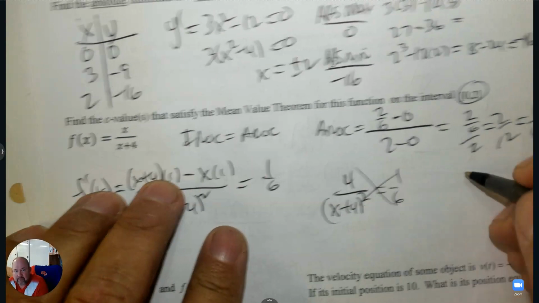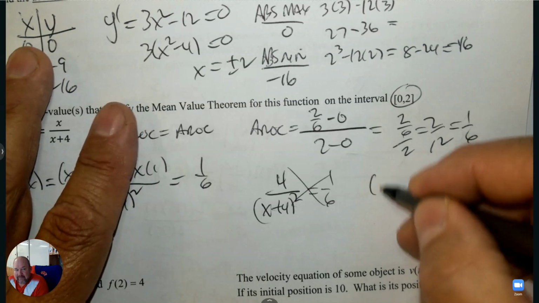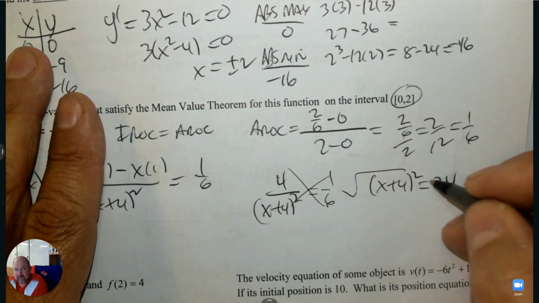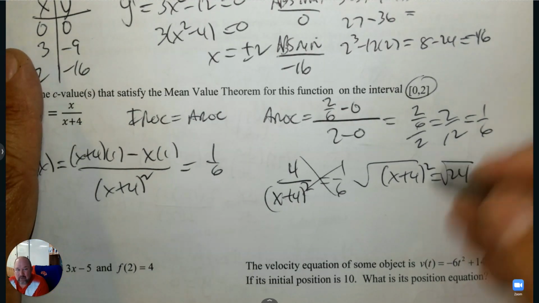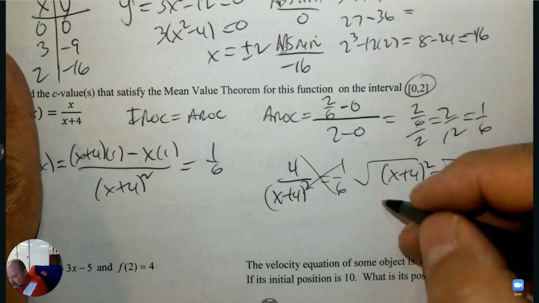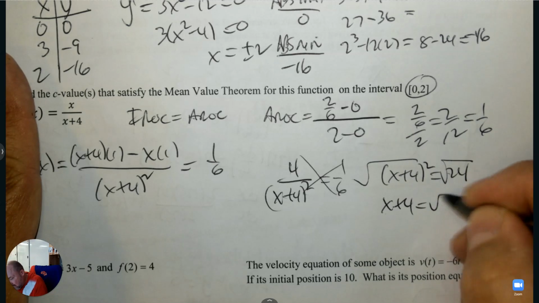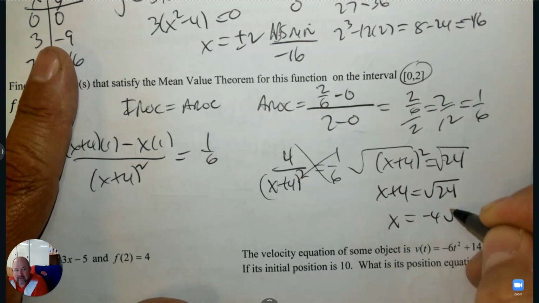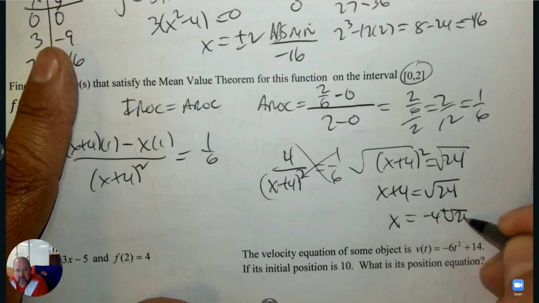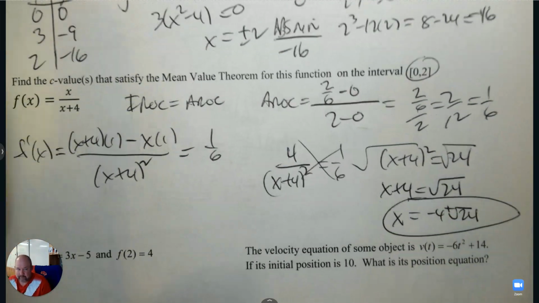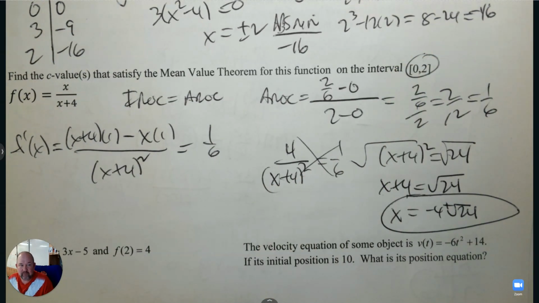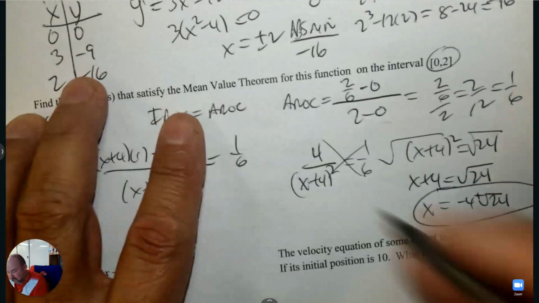I'm going to cross multiply, so x plus 4 squared is equal to 24. I'm going to square root this. It's positive and negative, but I don't want the negative because I want it between 0 and 2. So it's just the positive value of root 24. I don't need to simplify it. Then subtract 4, and you have your answer. That answer is between 0 and 2. So it's negative 4 plus root 24.